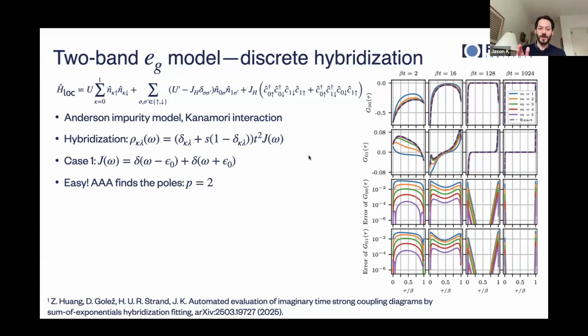So at a fixed diagram order, we can do these calculations to very high accuracy. We could do machine precision accuracy if we wanted. It's not really necessary. We usually do like 6-digit accuracy or something. So this is the error of the truncation of the diagrammatic expansion.